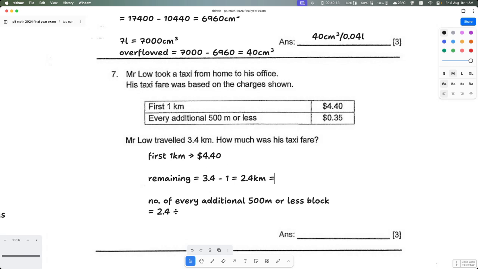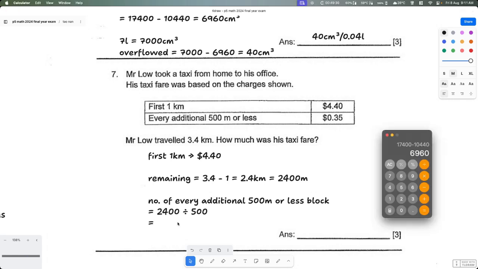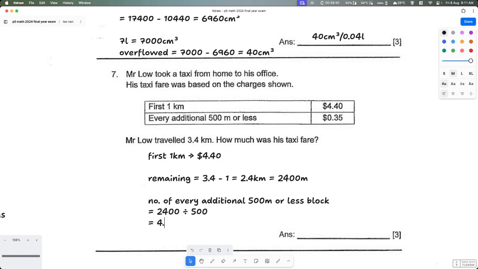So we can convert this to 2,400 meters. So 2,400 divided by 500. This will give us 4.8, and then we round up, right? This will give us 5 blocks.